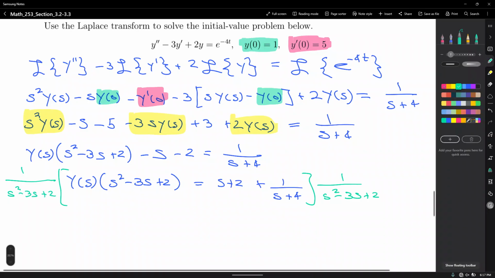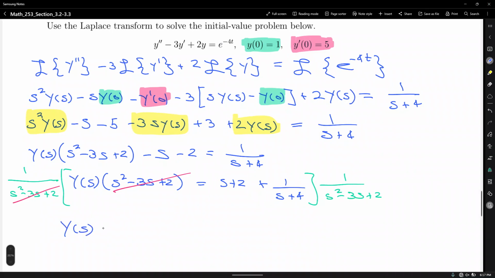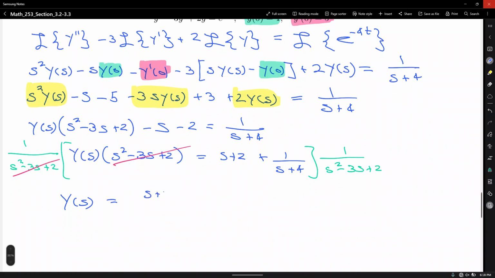These cancel, and y of s equals, distributing, s plus 2 times this fraction, or rather s plus 2 over s squared minus 3s plus 2, and multiplying across, 1 times 1 equals 1.